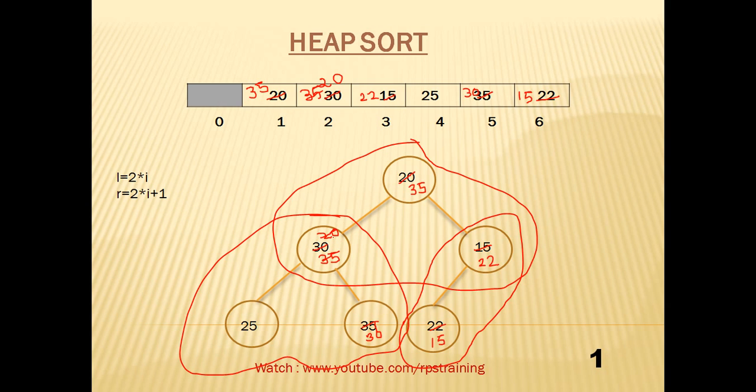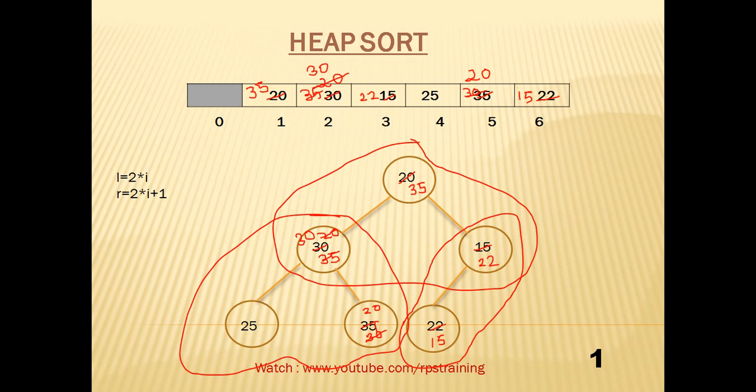Between 20 and 30, these two elements will be interchanged again. It will be 30 and it will be 20. And now this tree is a max heap.